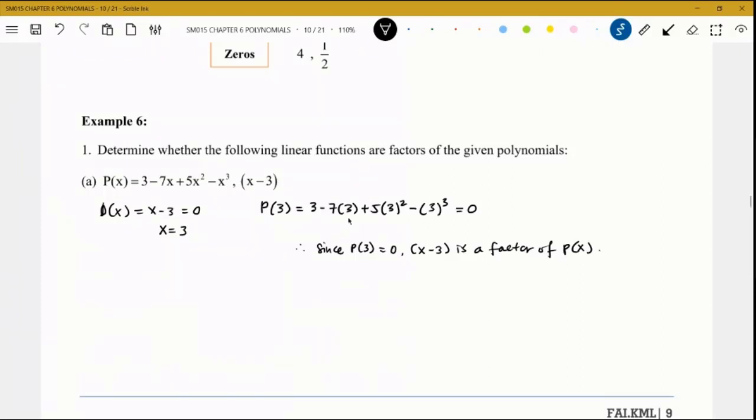So make sure the substitution is shown, equal to 0, and then you have to mention the conclusion. The conclusion is one mark. Alright, that is part A.